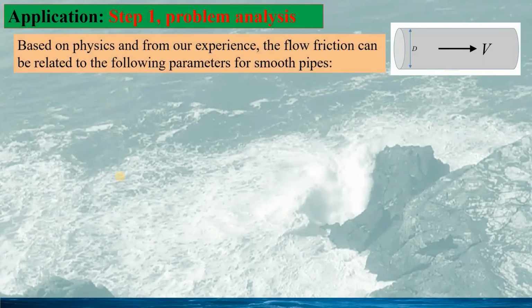Now we are going to look at the detailed steps in dimensional analysis based on the Buckingham pi theorem. From the physics and from our experience, the fluid friction in a horizontal pipe can be decided by the following parameters if the pipes are smooth.